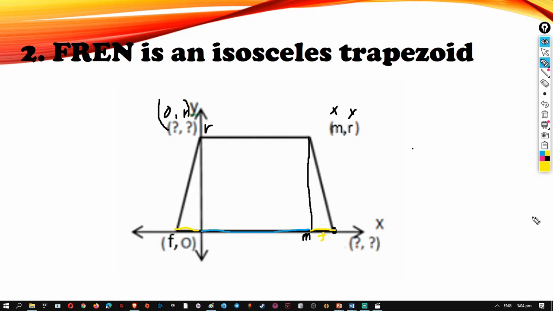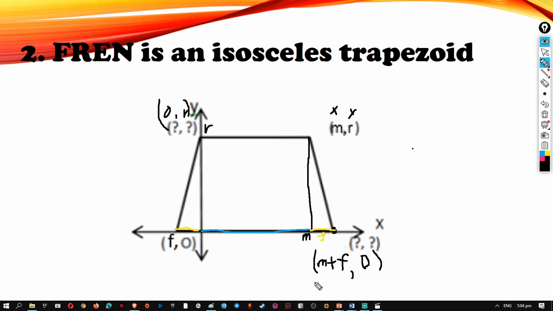In short, ang coordinate nito ay M plus F. Nasa x-axis siya. So, ibig sabihin, walang y-axis.